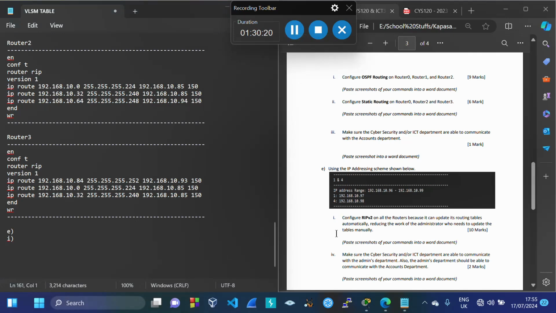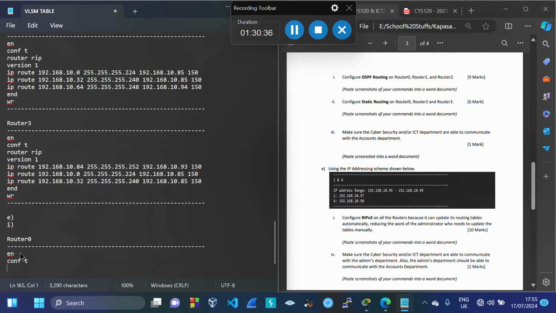Okay, we start off by targeting router 0. We know we need to put the configuration on all the routers, but I'll start with router 0. So, enable, conf t, this we know.